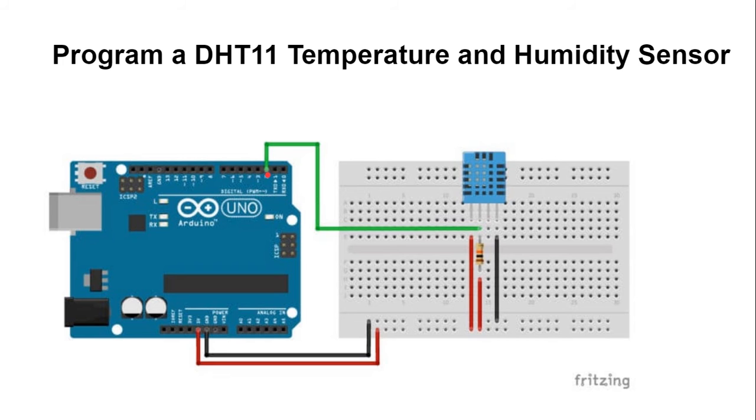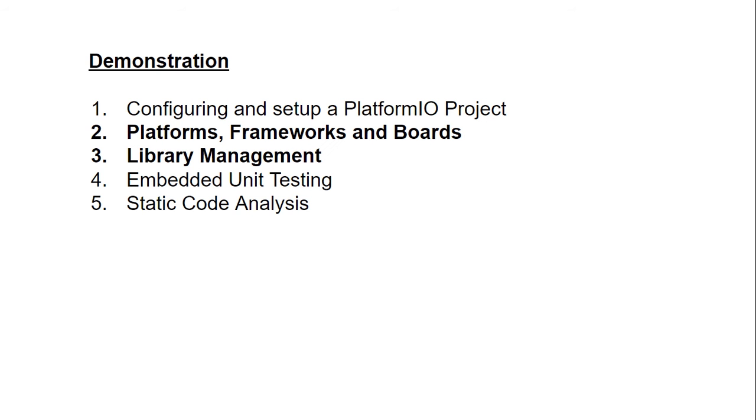And we can get the measurements using the DHT11 library. So the second and third parts of this demonstration introduce how to install and set up platforms, frameworks, and boards, as well as library management, how you can add the device specific library into your project.